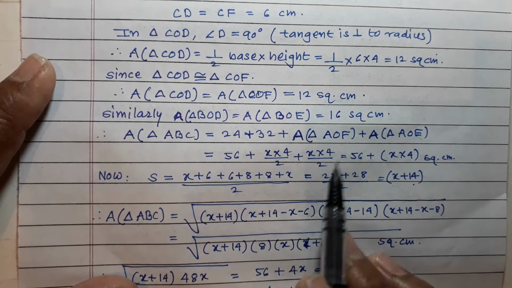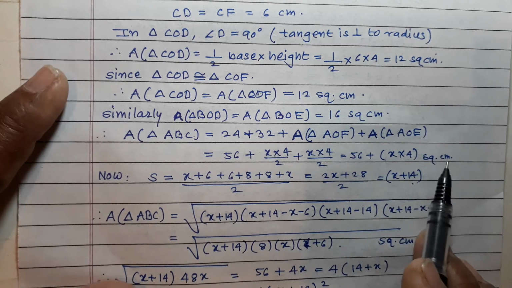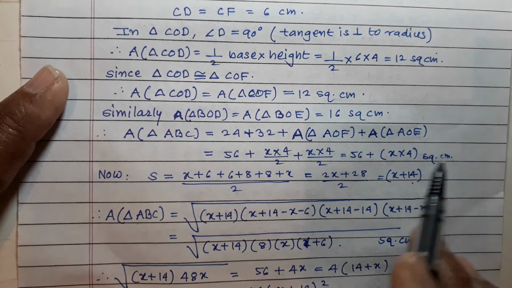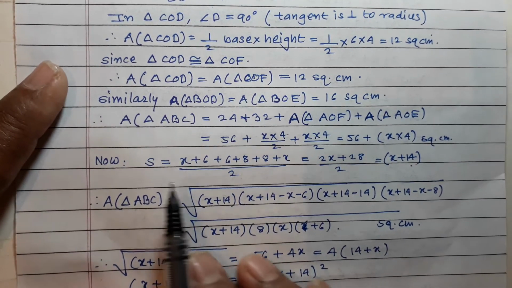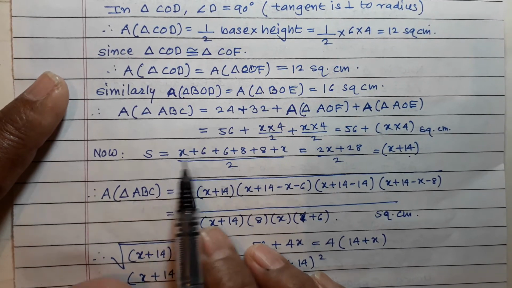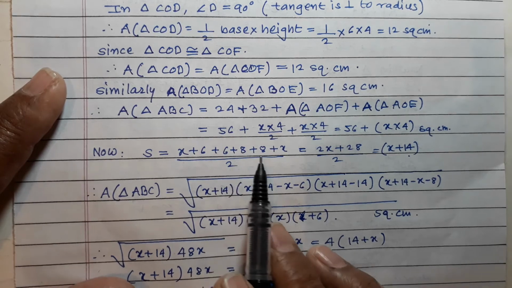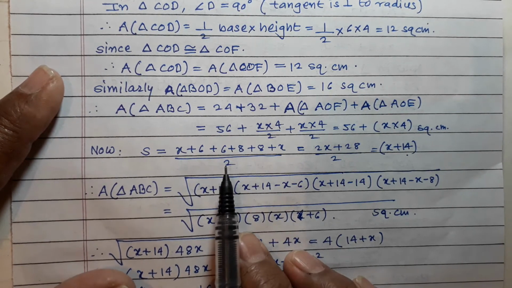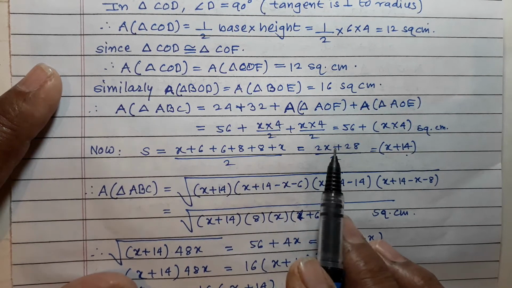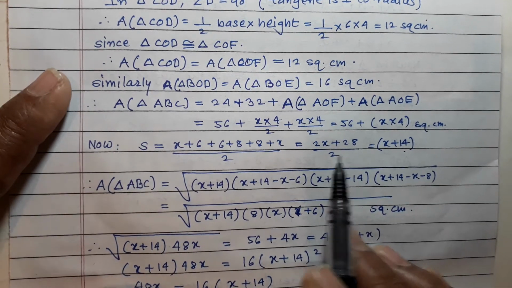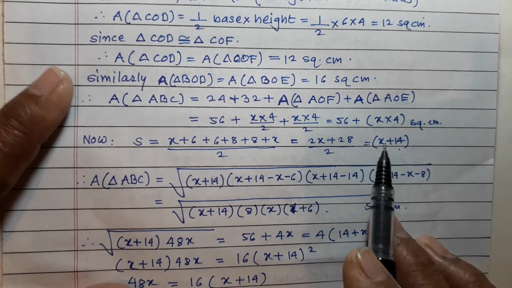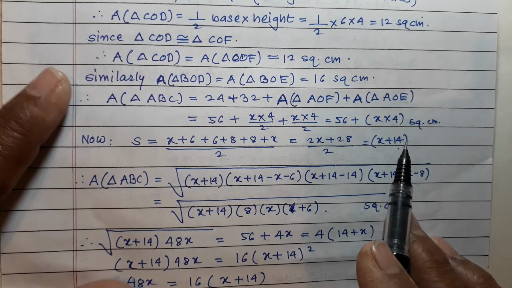If you add this, you will get 56 plus 4x square centimeter. Now, S is equal to x plus 6 plus 6 plus 8 plus 8 plus x upon 2. So 2x plus 28 upon 2. So this is equal to x plus 14.